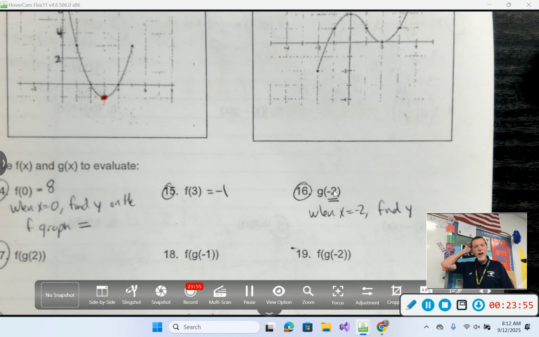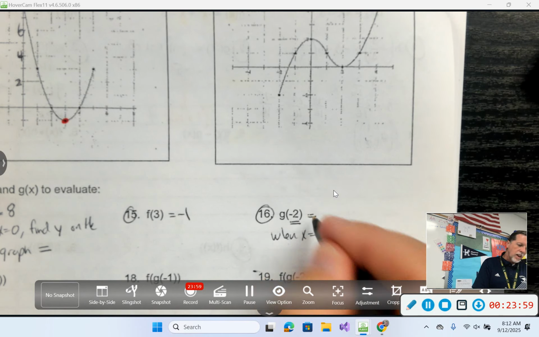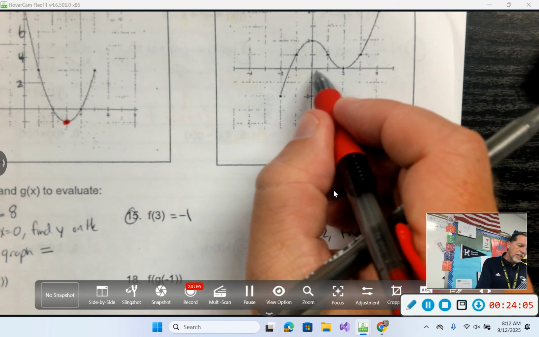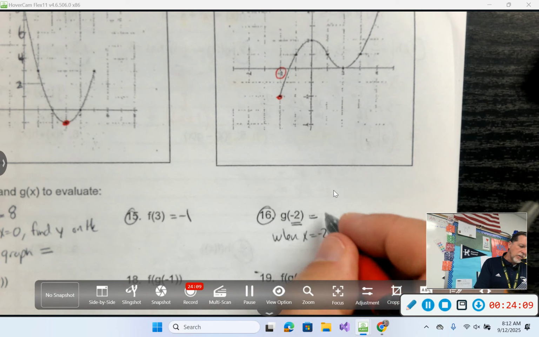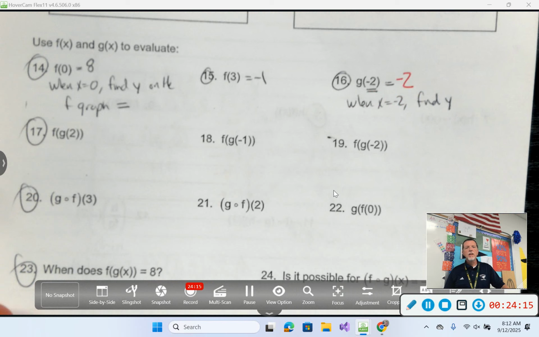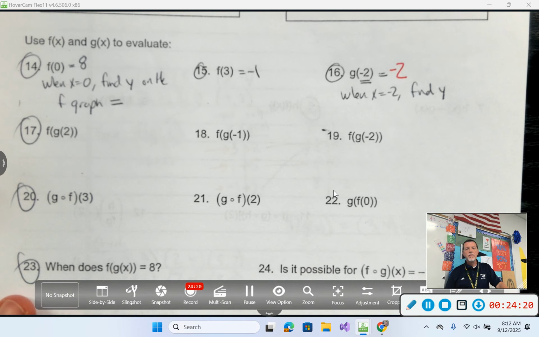So go to the graph of g, look at where x is negative 2, and what's the y value? So x is negative 2 right here. There's my y value at negative 2. So negative 2.